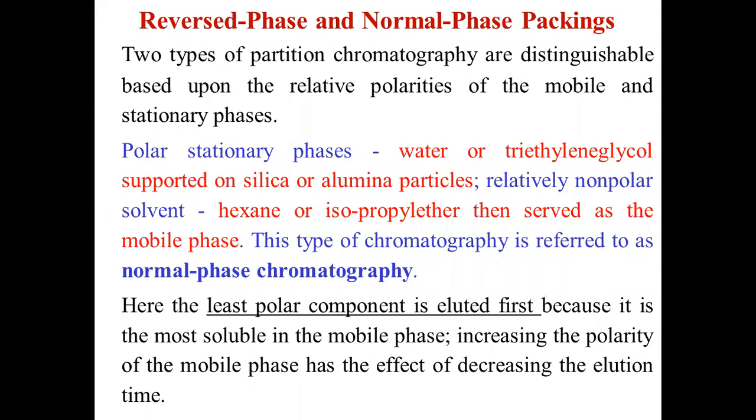And gradient elution is nothing but, in a mixture, there may be many solutes. Individual solutes may be eluted with different mobile phases. Say there are 10 solutes present in a sample. All those 10 solutes are not going to be separated by using a single mobile phase.